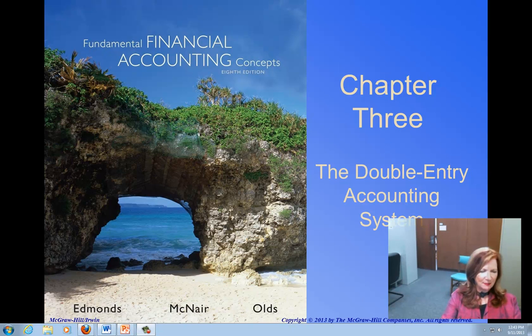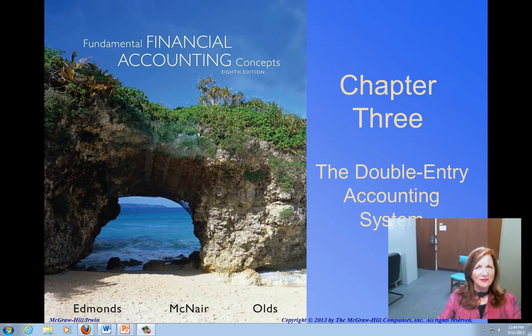There is an excellent presentation on page 140 in a green box. As you read down through there, you'll find that assets are increased with debits, dividends are increased with debits, and expenses are increased with debits.